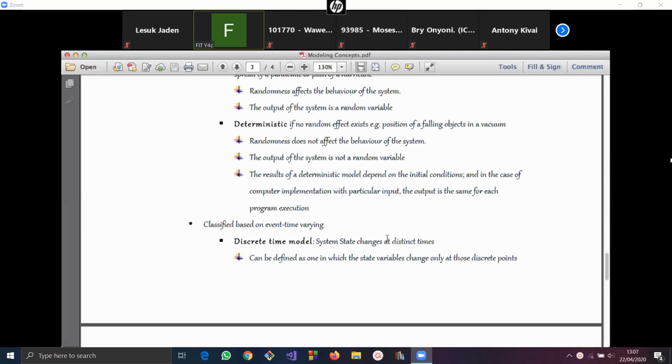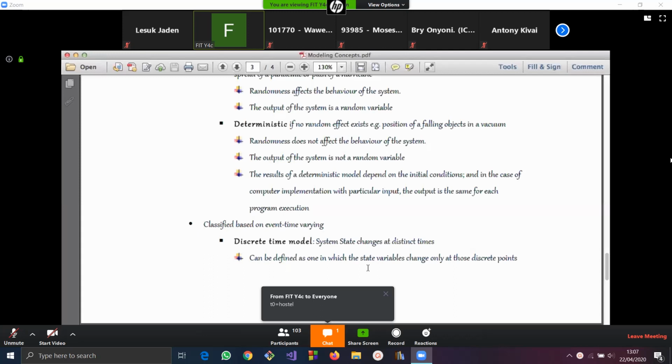Distinct time here means we can say at time T1, and I will put this one because now we need to start talking about T naught, we say hostel. Then we say T1 is class, then T2 maybe cafeteria. So you can see distinct time is distinct.